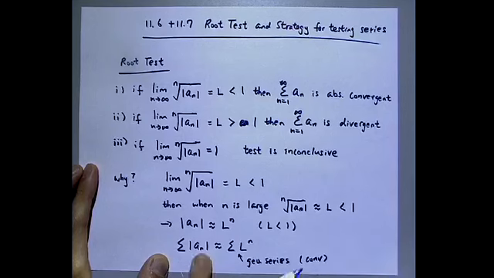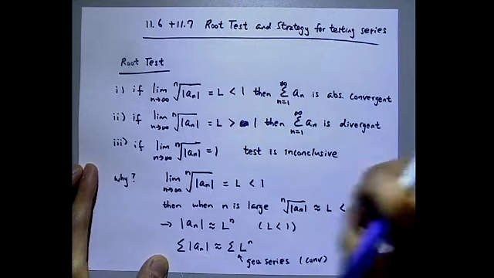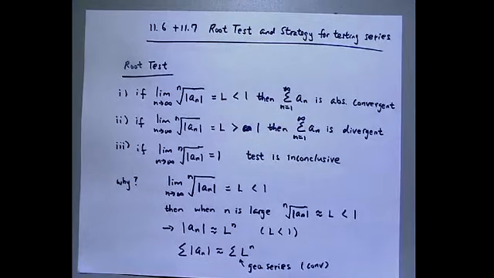So therefore, we prove that if this is true, it'll look like a geometric series. Just like in the ratio test, we're saying that after a while, this thing starts to behave like a geometric series. So then we prove that this thing has to be absolutely convergent, therefore convergent.